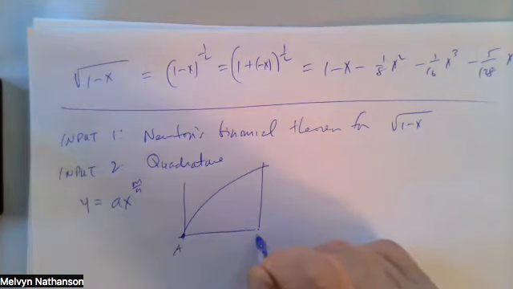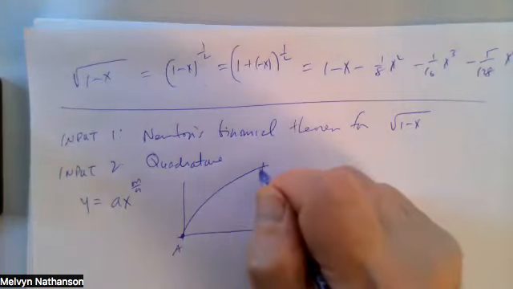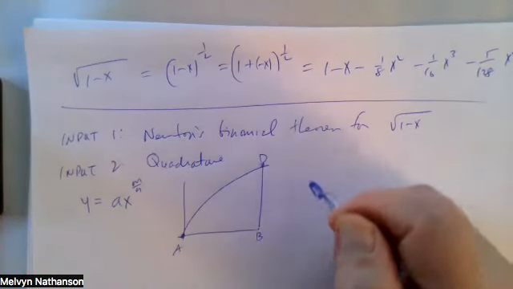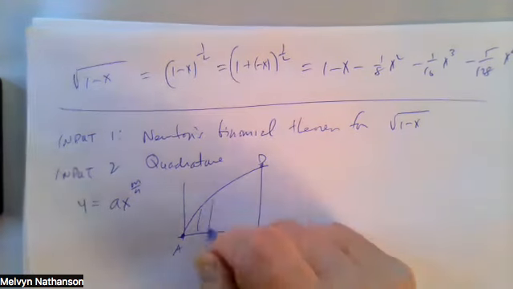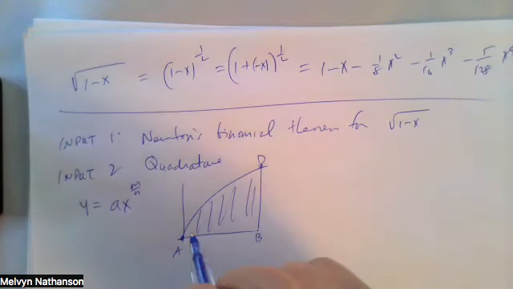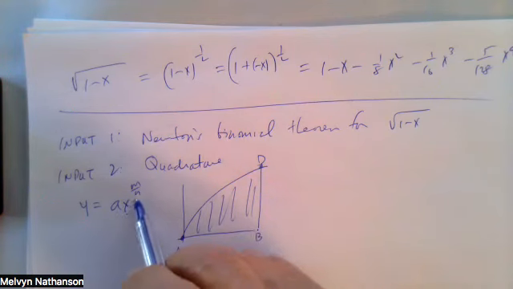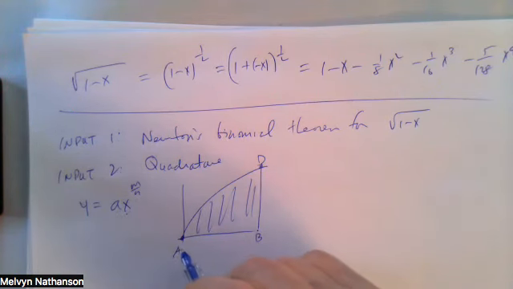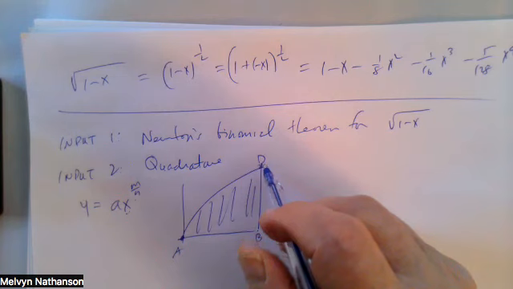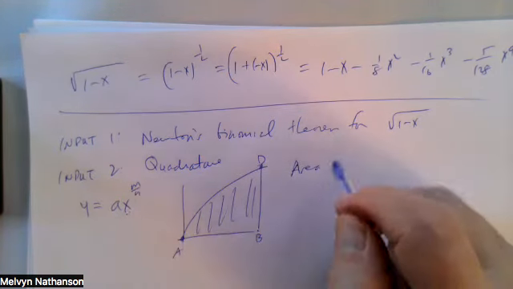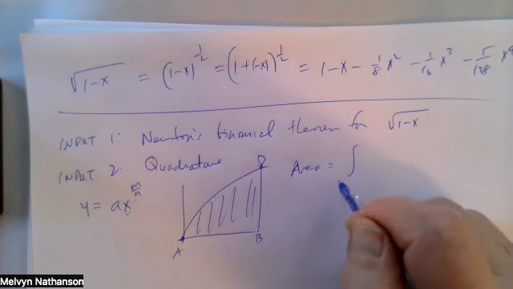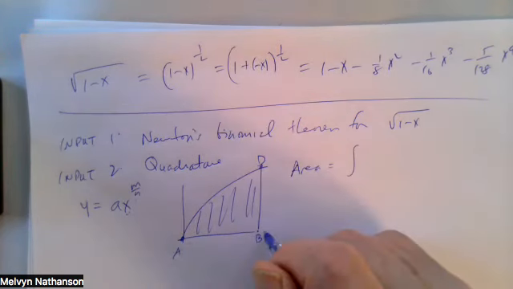Let's call this a, this b, and this point d. What is the area under the curve? A equals the integral of ax to the m over n, from 0 to b. The area would be the integral from here to here.